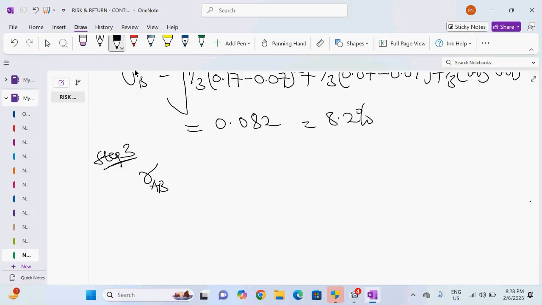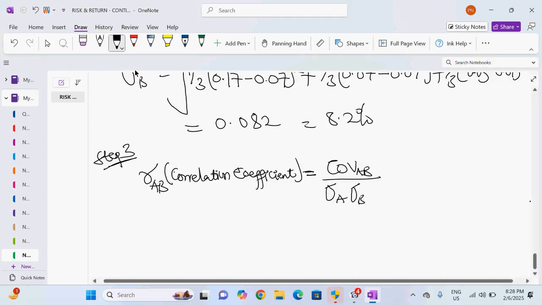Let me put this in brackets for revision purposes. So this is the correlation coefficient, and that's equal to the covariance for A and B all over the standard deviation of A and the standard deviation of B.